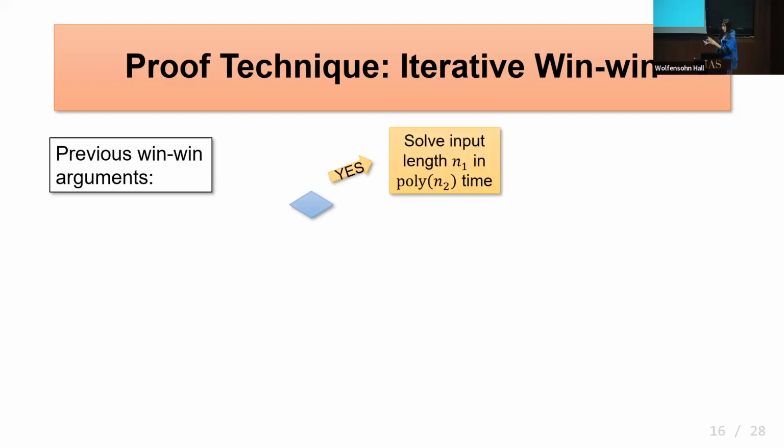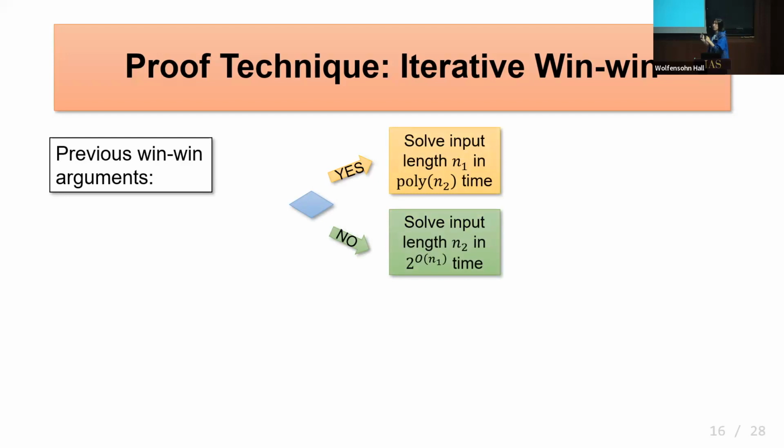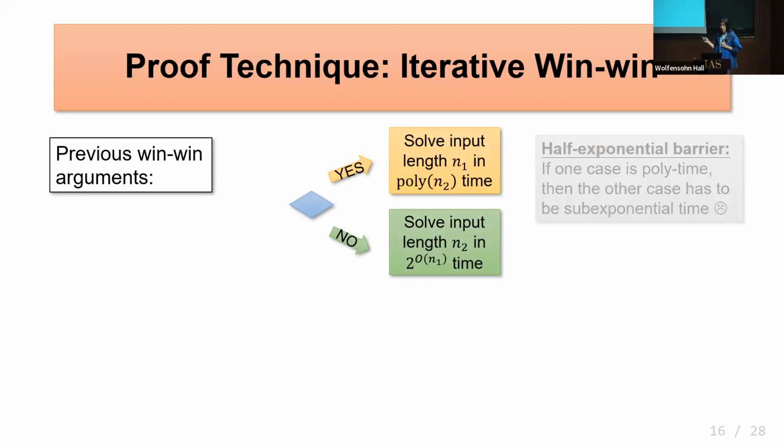If it holds, then we solve instance N1 in poly N2 time. If it doesn't hold, then we solve instance N2 in exponential in N1 time. And this win-win analysis will start at a half exponential barrier as we calculated before.